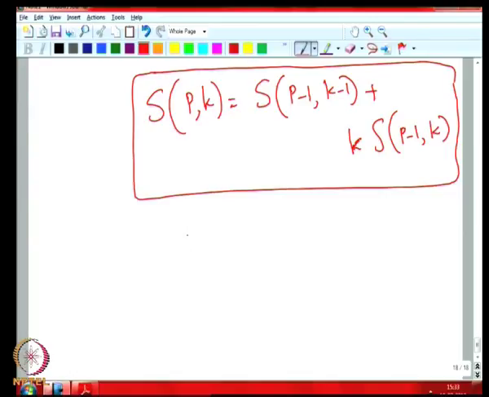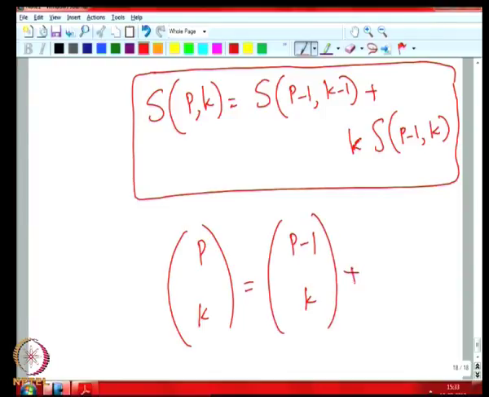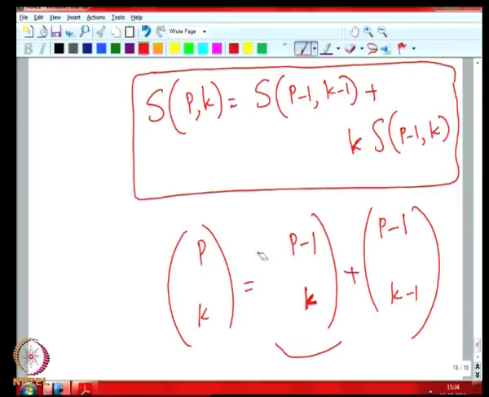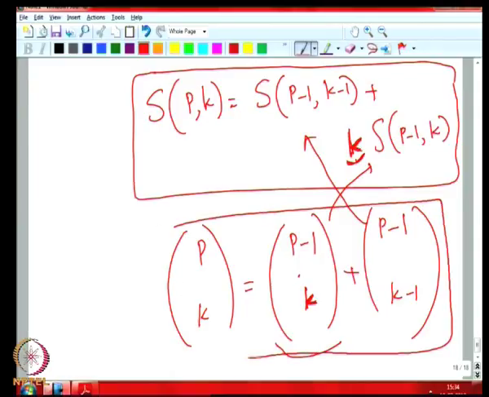For instance, P choose k is equal to P minus 1 choose k plus P minus 1 choose k minus 1, but here the term with k as the lower index is getting multiplied by k, right. So, this corresponds to this and this corresponds to this, and then here this is getting a multiplier, that is the only difference. Otherwise, this is exactly like this. So, you can remember that.